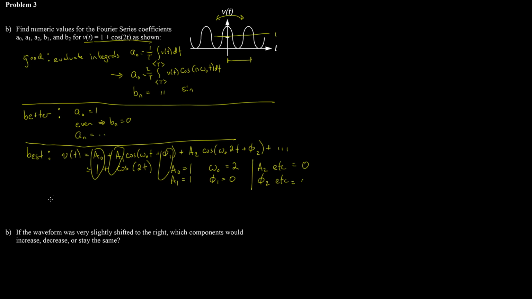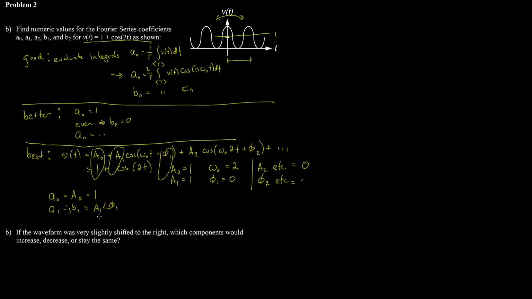So therefore, your a sub 0 term is equal to your capital A sub 0 term, which is 1. And you can create your a sub 1 minus j b sub 1 term as a complex number, like this.